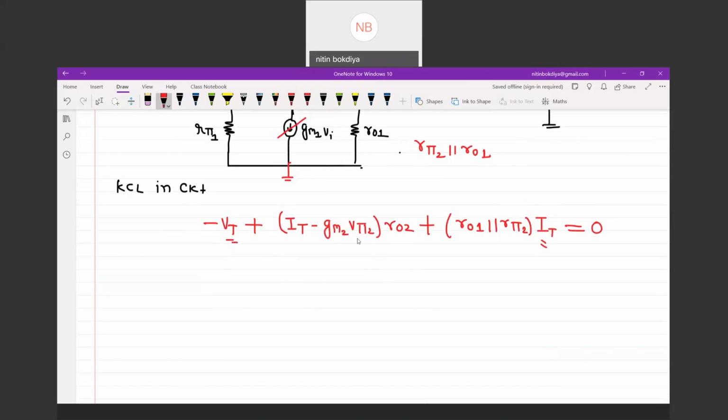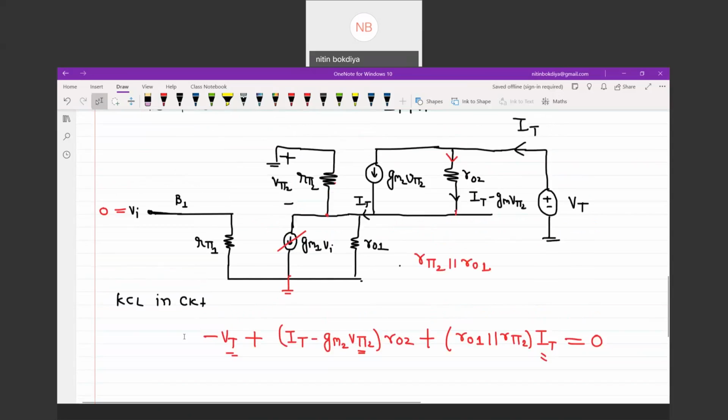But V pi 2 is not connected to R pi 2. So can I say from a very basic relationship, this potential is minus V pi 2.